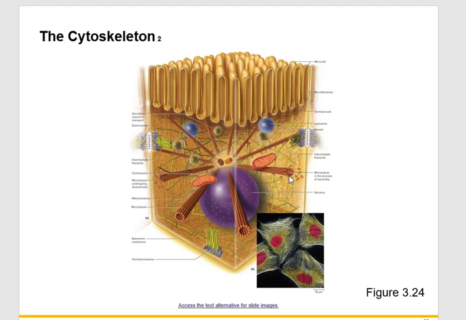You can disassemble and reassemble tubules made up of little subunits, and that's another way that you can move around. Just push it forward, disassemble the back end, bring it forward, and reassemble it, and start pushing things about.